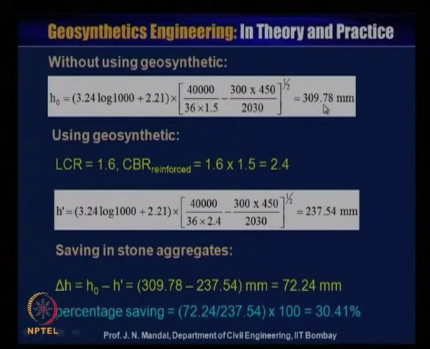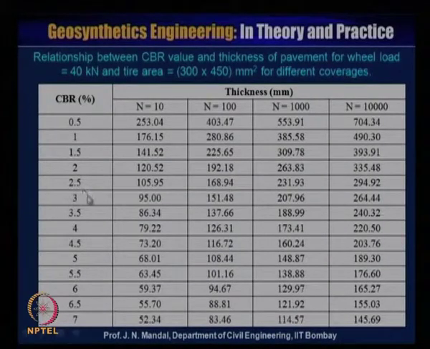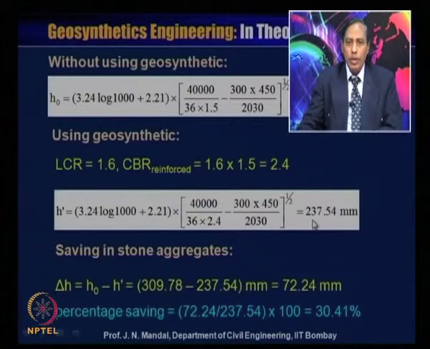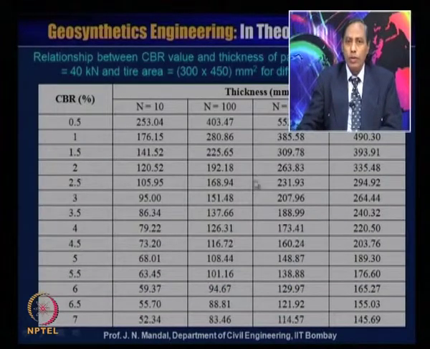And for a CBR of about 2.4, let us say 2.5, with N value about 1000, you can see that the thickness of the pavement will be 231.93. We obtained 237.54, because here it is a little bit more than 2.4. So you can get some idea of what the thickness of the pavement will be.